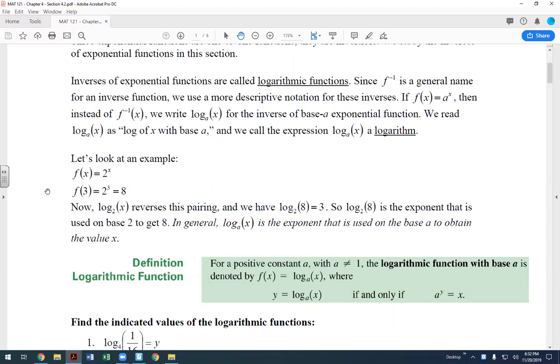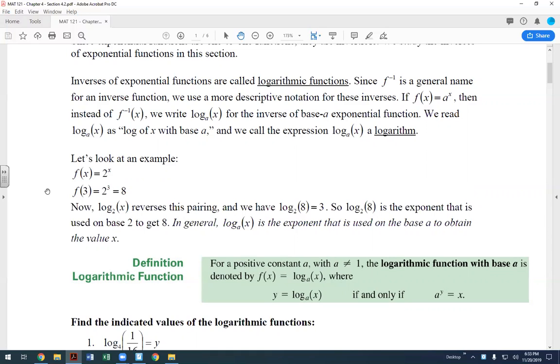So the idea is the base of your exponential function, which is base 2, will be the same base on your logarithmic function. So if this is base 2, my logarithm is also base 2. Now a logarithm is always going to give you the exponent. So in general, log of x with base a is the exponent that is used on the base a to obtain the value of x.